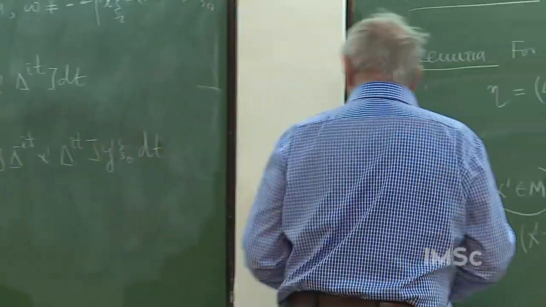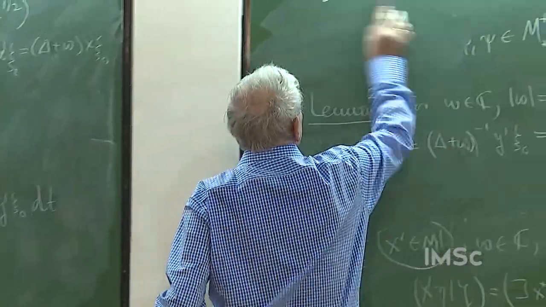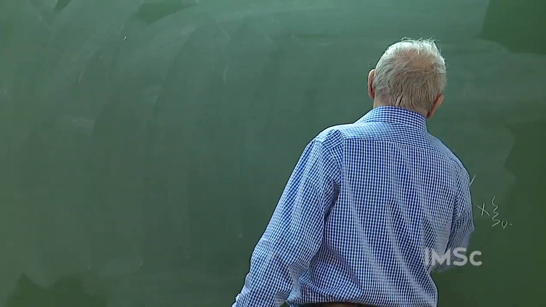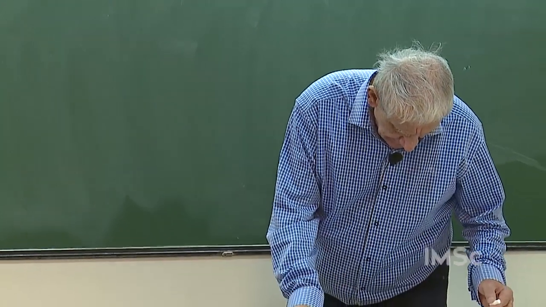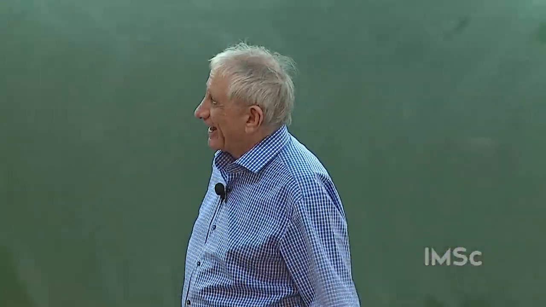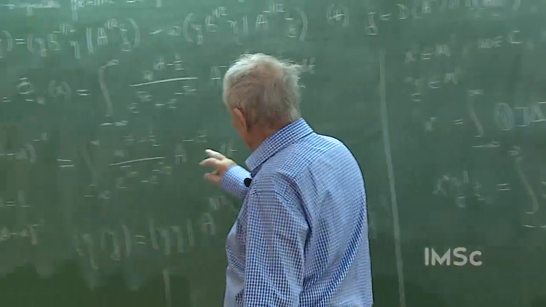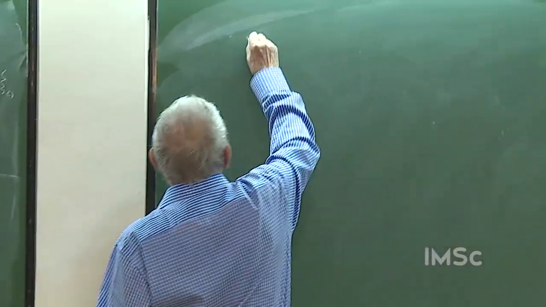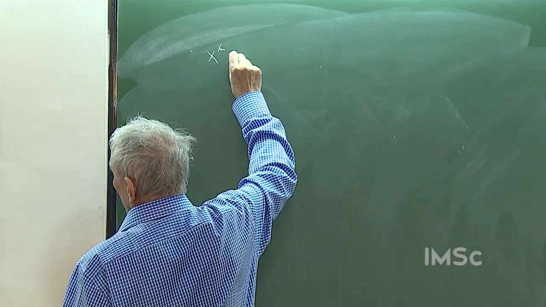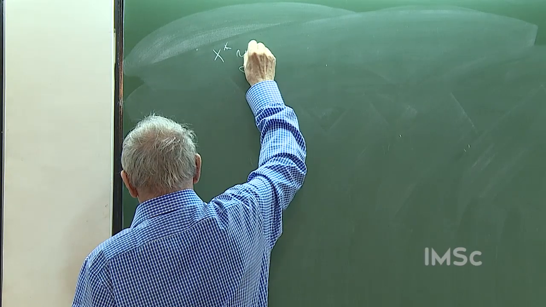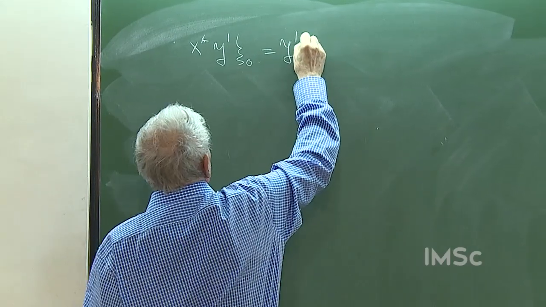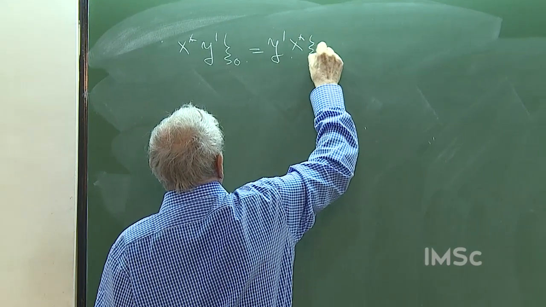Now I can erase everything in here. And using the corollary in here, we get the following thing. We get that x star y prime psi naught is equal to y prime x star psi naught.